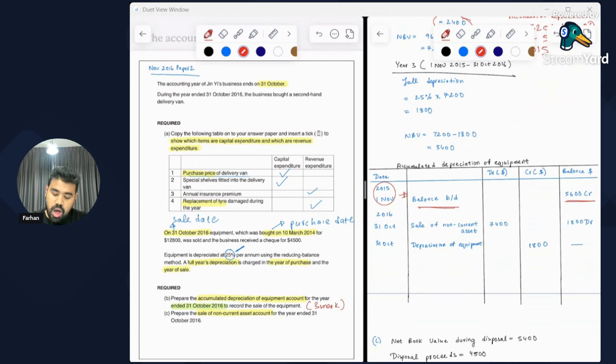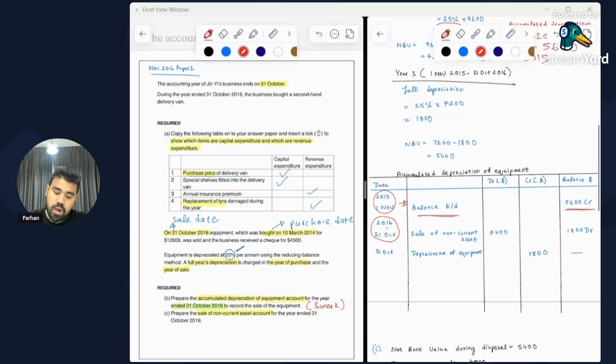Then, on 31 October 2016, you can see we have moved to a new financial year, therefore we have changed to 2016, 31 October. We have sold a non-current asset. So for the asset that we have sold, we want to know the total accumulated depreciation right before we sold this asset.